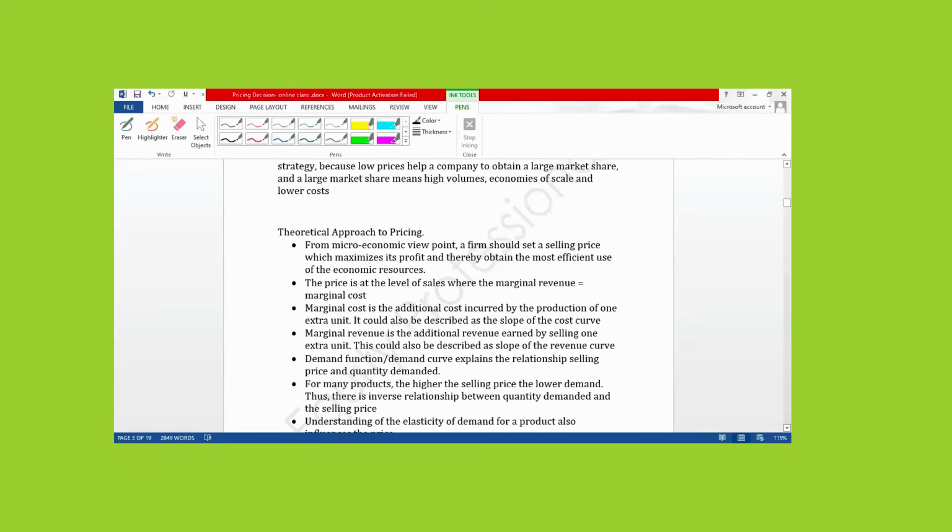It is the economic approach to pricing. From the microeconomic viewpoint, a company should set a selling price that maximizes its profits.